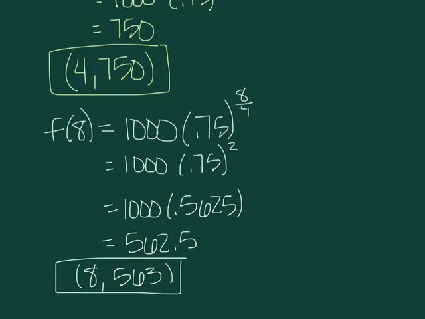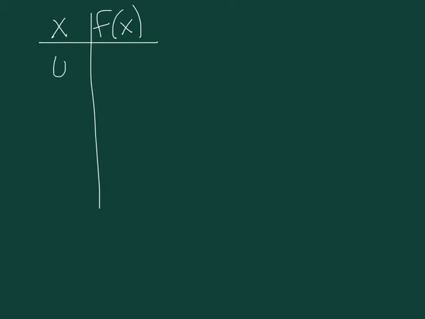So if we were to graph this information, let's see what we would be working with. Generate a table here. So when x is 0, f of x is 1,000. When x is 4, f of x is 750.